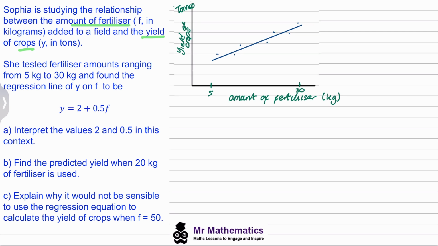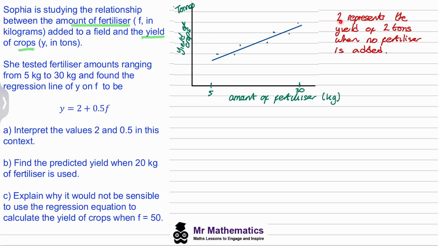So for part A, interpret the values of 2 and 0.5 in this context. Well, if we had no fertilizer added, then the 0.5F would become 0, and we'll be left with 2. So this tells us it's the yield of crops when we have no fertilizer added.